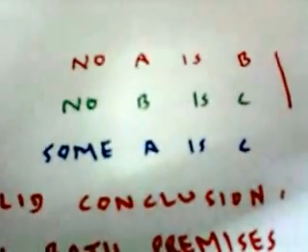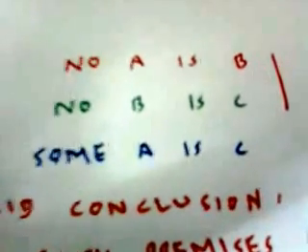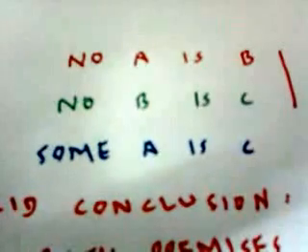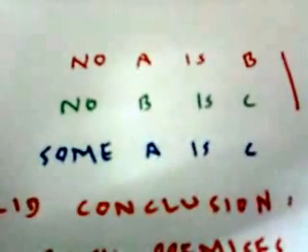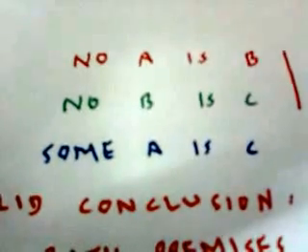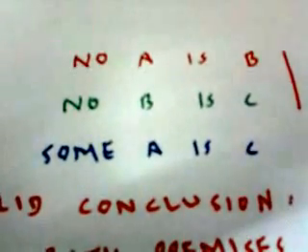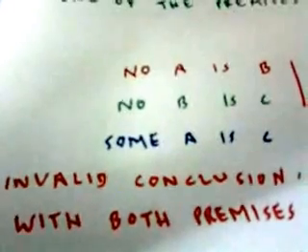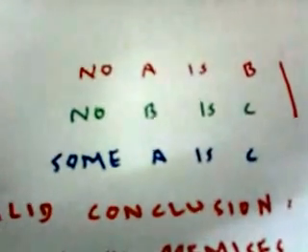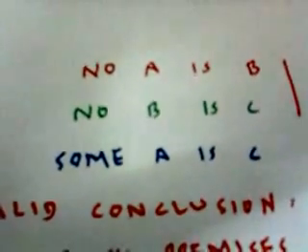Let us look at another type of syllogism. Here the first statement says no A is B. Second statement, no B is C. Conclusion, some A is C. Again, without drawing any diagrams, without drawing any sets, we can immediately say that it is an invalid conclusion. Reason? Both the statements have negatives.